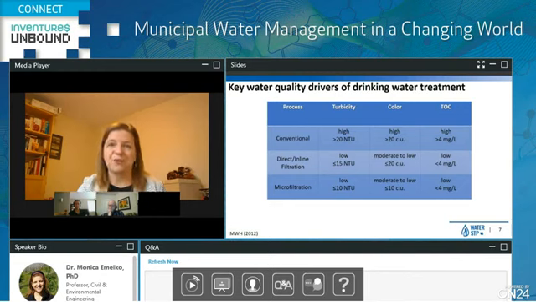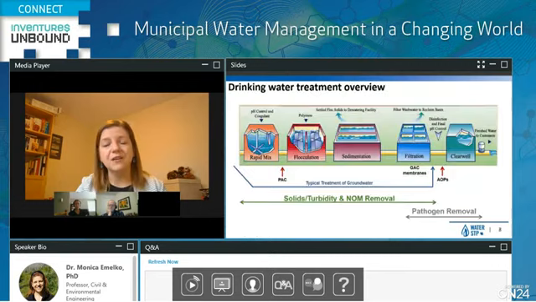Interestingly, neither of these is directly linked to public health protection from a health perspective, right? They're not contaminants of health concern. What they are is contaminants that drive what infrastructure we need to treat water and how easy or difficult it will be to treat that water.